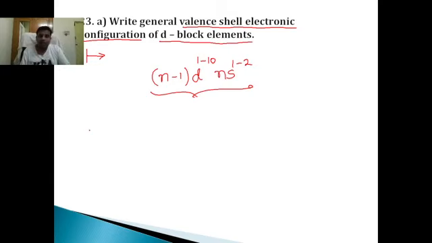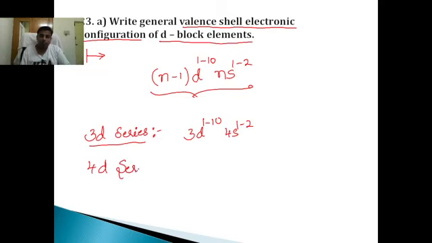In particular, if they ask you to write the general valence configuration of the 3d series elements, it is going to be 3d1-10 4s1-2. For the 4d series, it is 4d1-10 5s1-2.